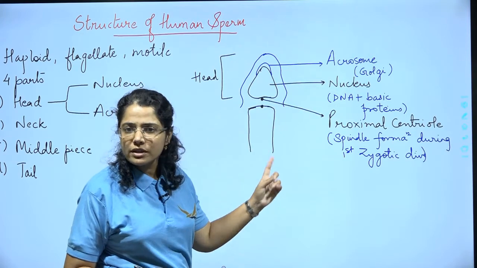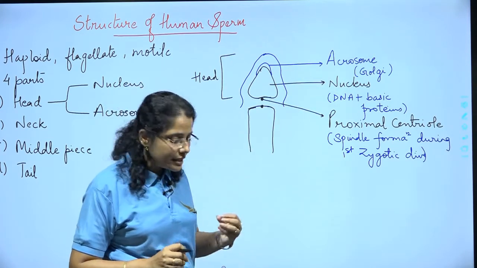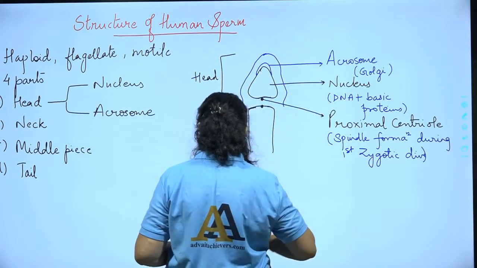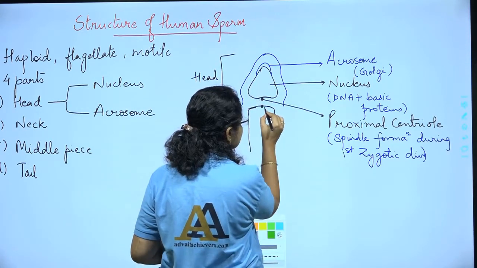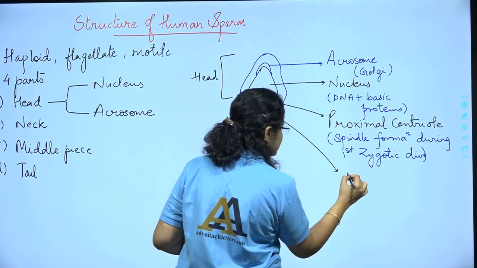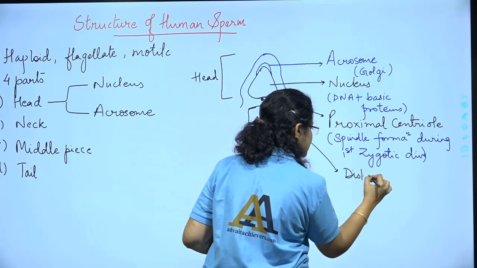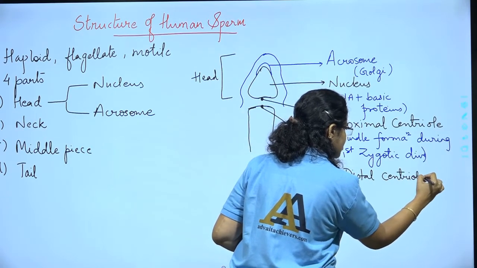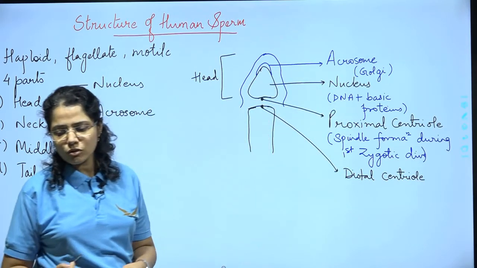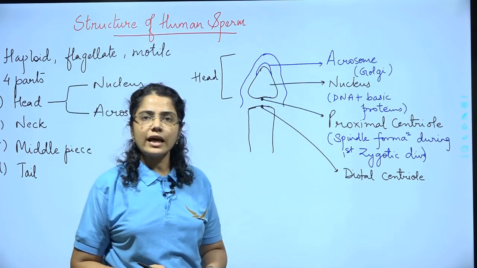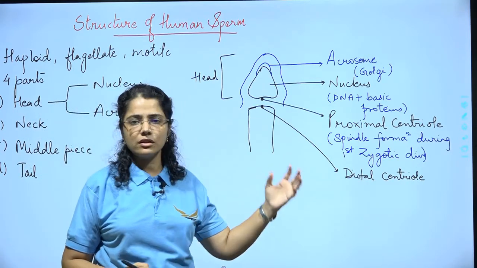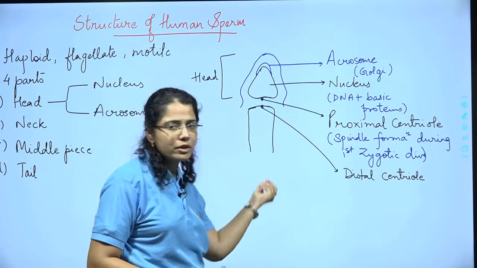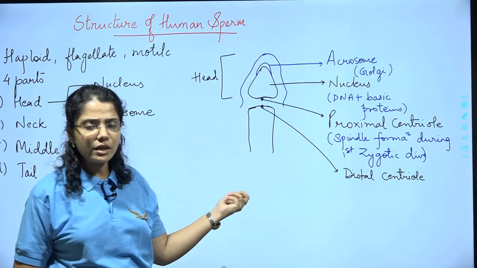And the one below is called the distal centriole. Right? This distal centriole actually is going to give rise to this axial filament over here, the axoneme, which will be required.